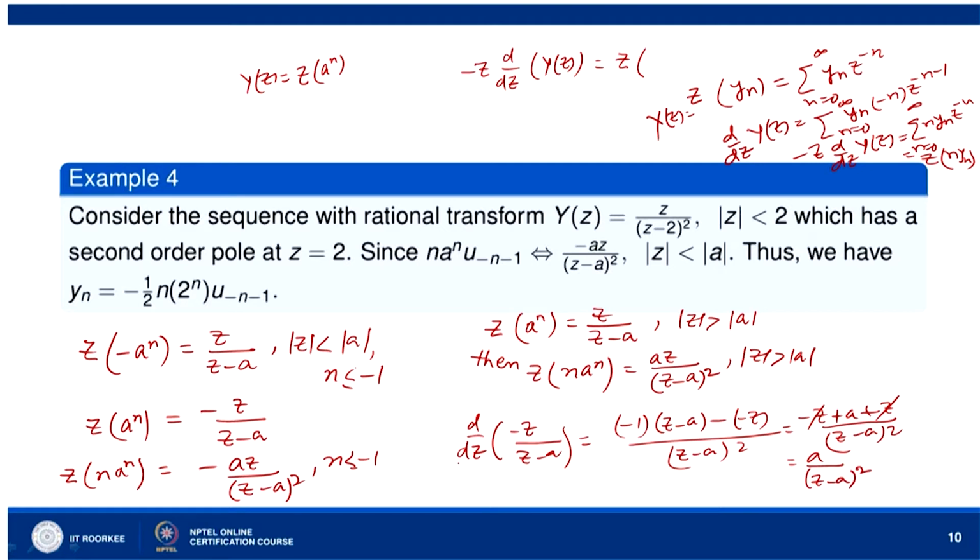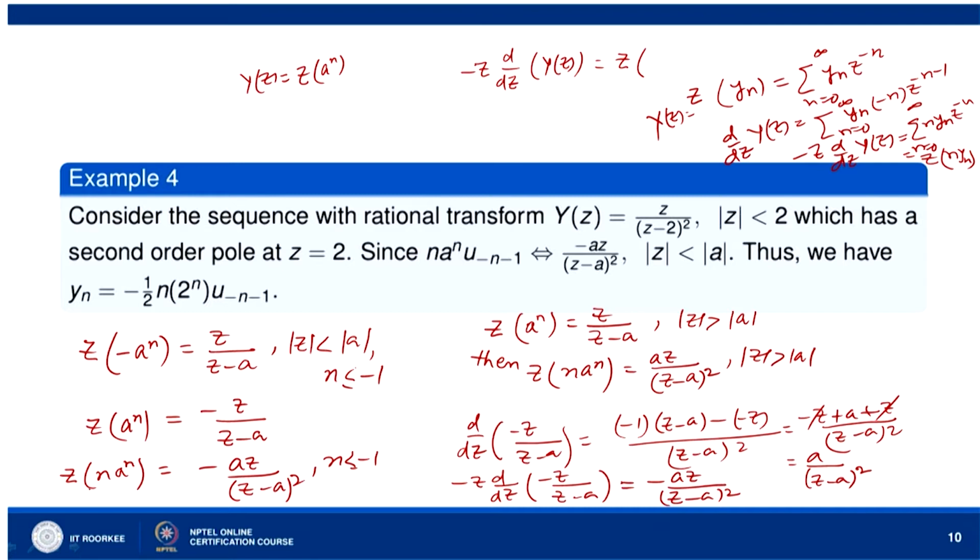Then we multiply by minus z, and we get minus a z divided by z minus a whole square.